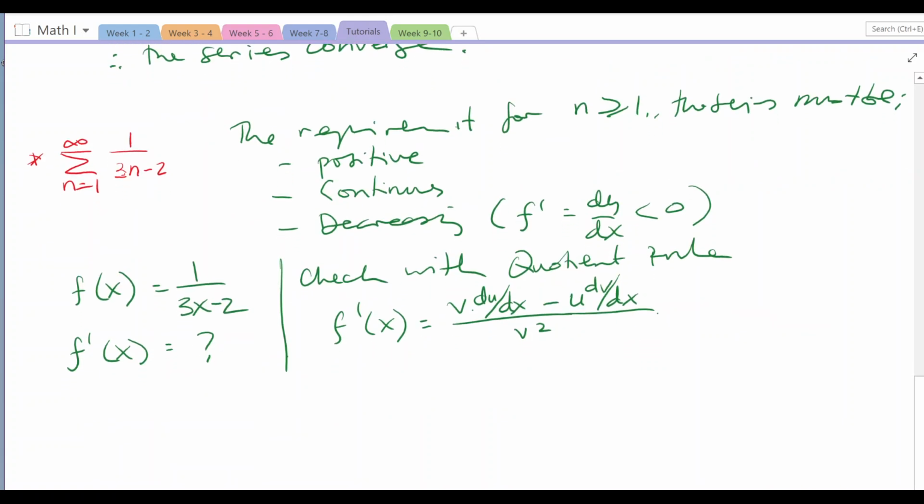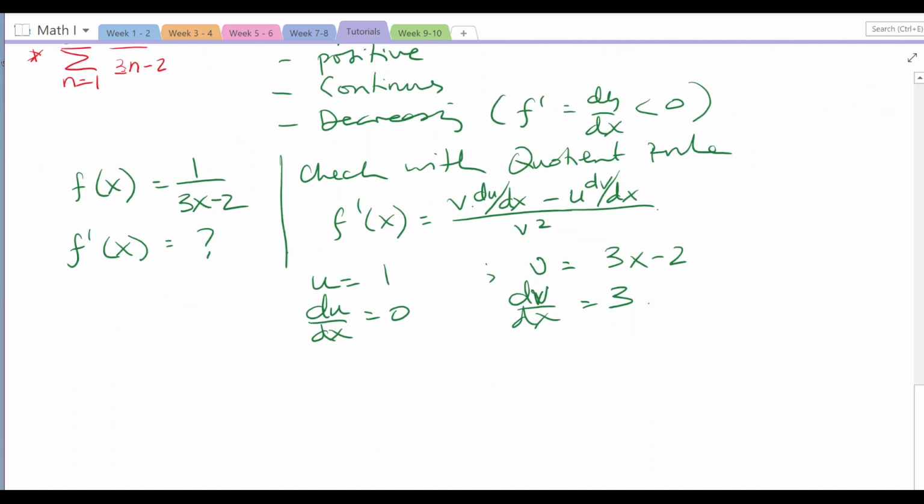So in this case, just like before, our u is 1, therefore du/dx is 0, and our v is 3x minus 2, and therefore dv/dx is 3.